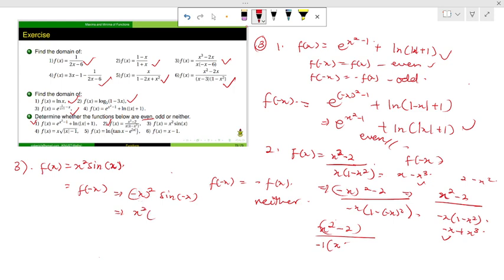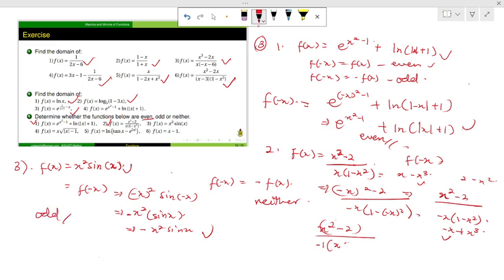Sine is an odd function, so it comes out as negative, then sine x. Therefore, we are getting negative x squared sine x, which is exactly negative of the initial. Therefore, it's an even function. Oh, sorry, odd function. It's an odd function.